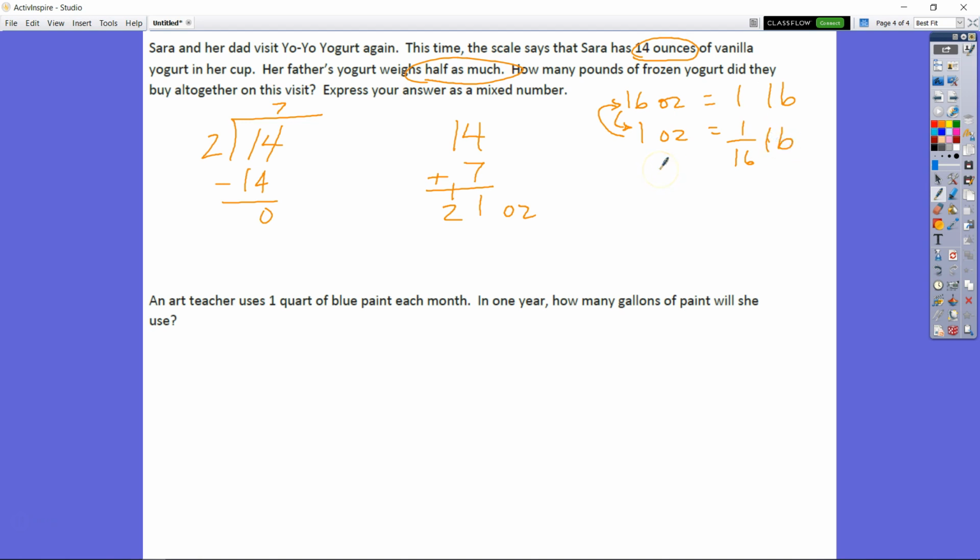So now we say, well, we have 21. So 21 ounces is equal to blank pounds. First we got to separate it, and it's 21 times 1 ounce. Now we're going to sub in. Remember, when we're talking about ounces, it gets a little confusing because that looks like 102, but I assure you that it's not 102.